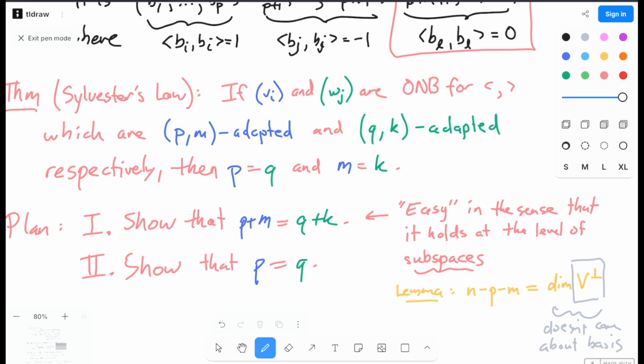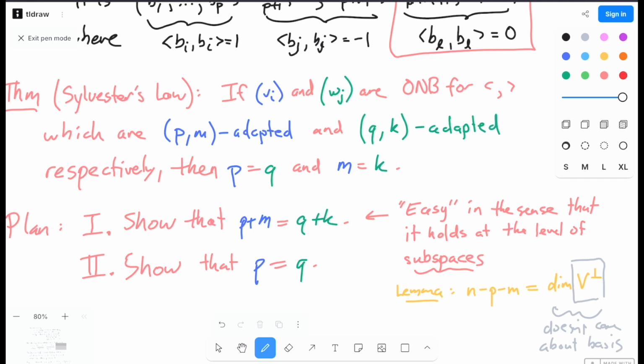Yes, and the subspace spanned by the self-orthogonal vectors is unique. That's true. I claimed that this was going to be at the level of subspaces, and then I didn't really follow through on that promise, right? Is there something that I could do?